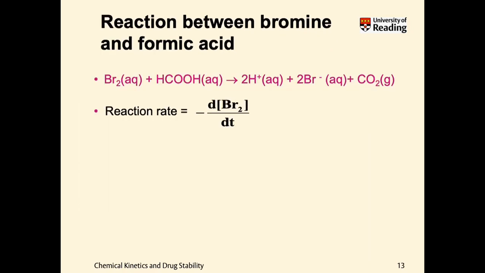If we are measuring the bromine, we know that the rate of the reaction, for what we're actually measuring, is minus d[Br2] by dt, so the rate of consumption of bromine. There are two ways to think about measuring the rate.